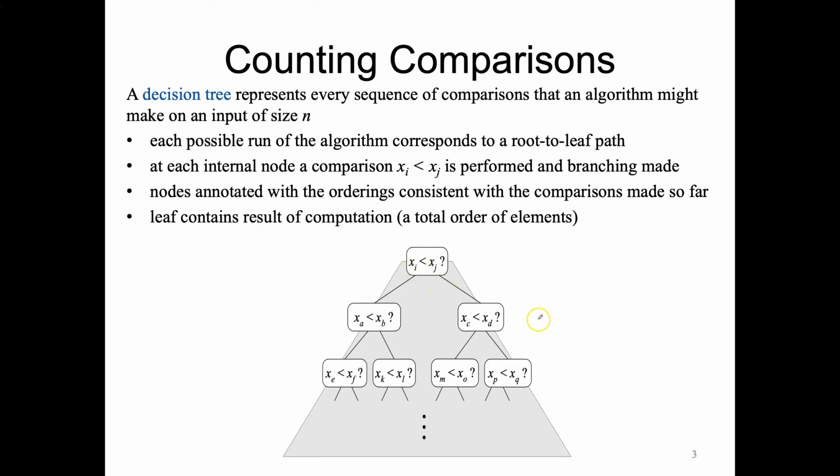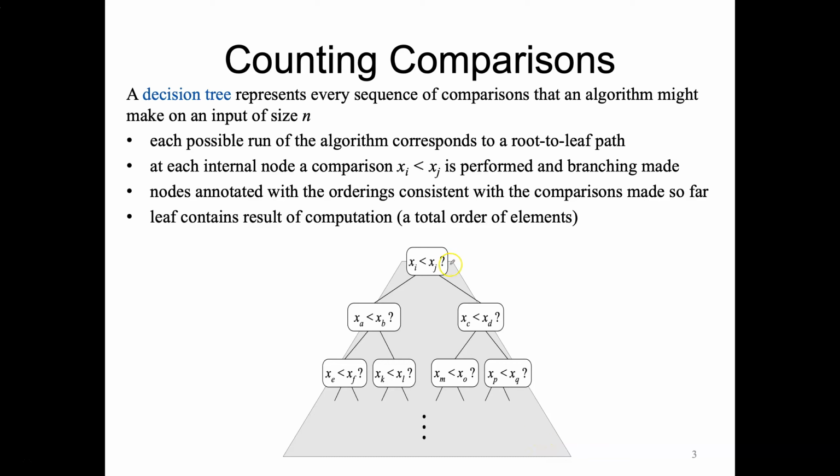Maybe xi comes much earlier than xj, or maybe it's immediately before, but all possible permutations satisfying that comparison. And at each leaf, that will contain the result of all of the comparisons that we've made so far. Each leaf would correspond to one permutation of elements that we have.